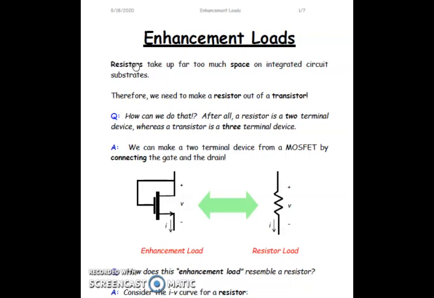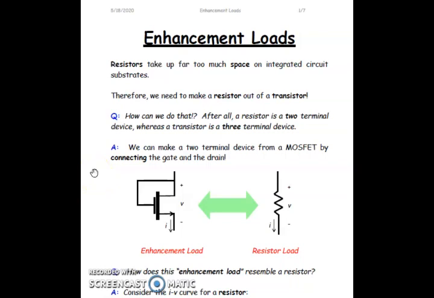Now, in most of the cases, in whatever amplifier circuits that we have learnt, the load we have used is a passive load. Now, the common load that we have been repeatedly using is the resistor.